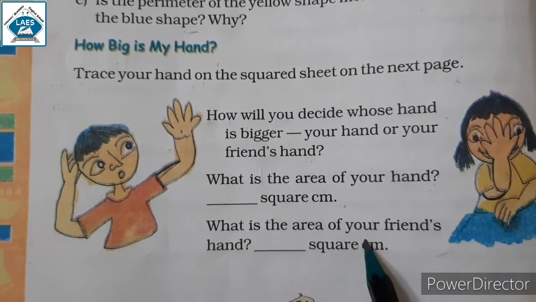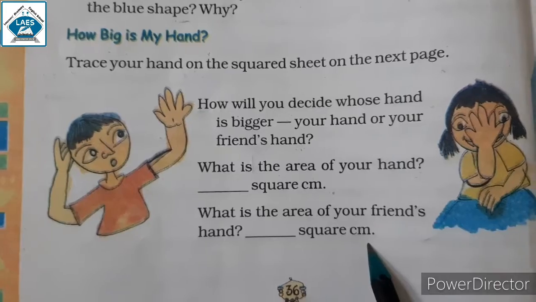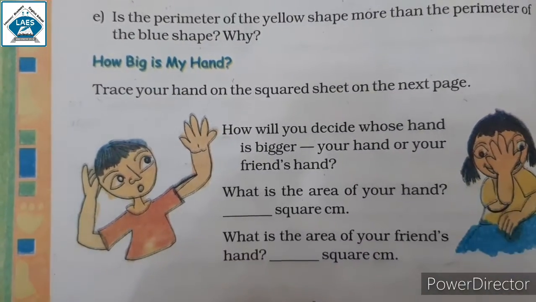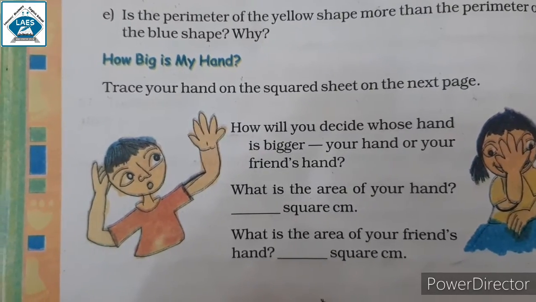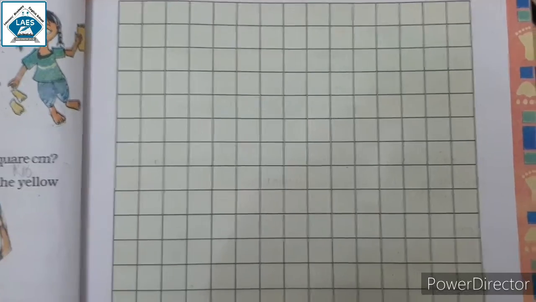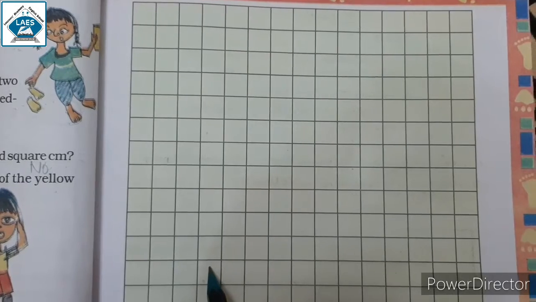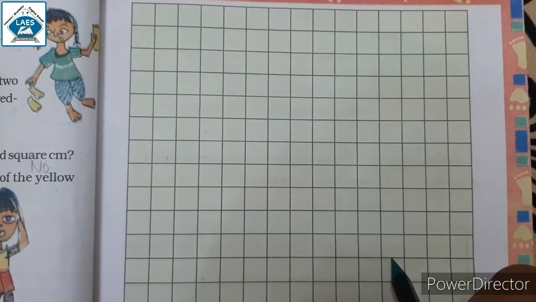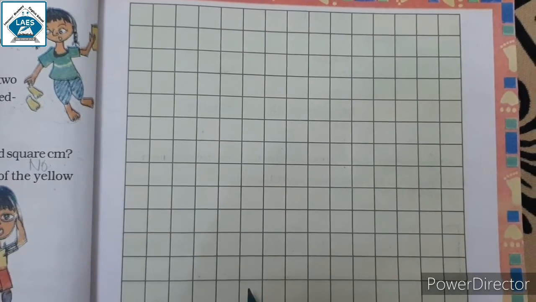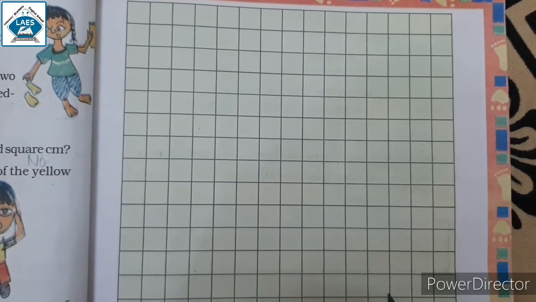What is the area of your friend's hand, dash square centimeter? Here is the square sheet, and what will you do in this square sheet? You will put your hand and your friend's hand and you will draw around them. Afterwards you will check the area of your hands. How will you check the area?